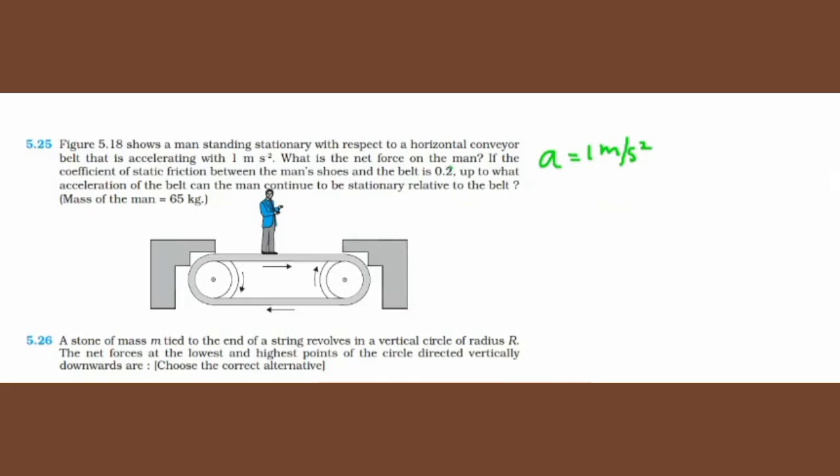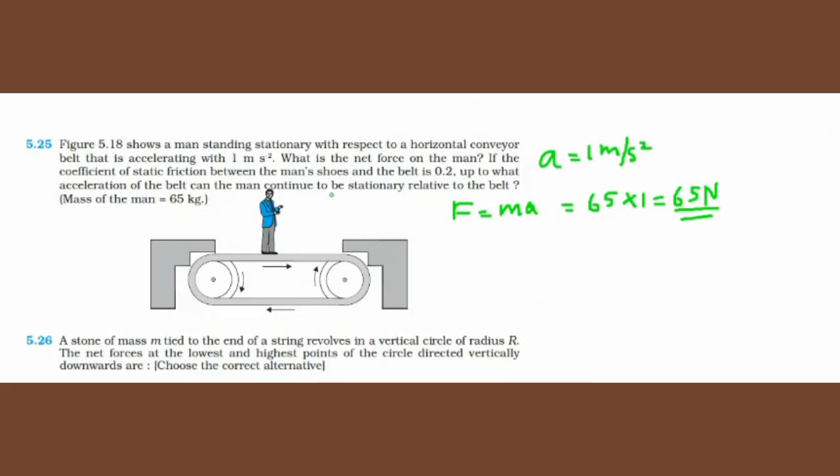He's standing there. His gravitational force is cancelled by the normal reaction. So that force you can calculate using the formula F is equal to ma. His mass is given, 65. a is 1. So net force will be 65 Newton.